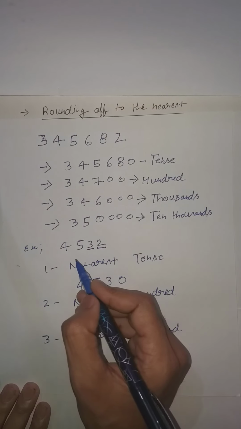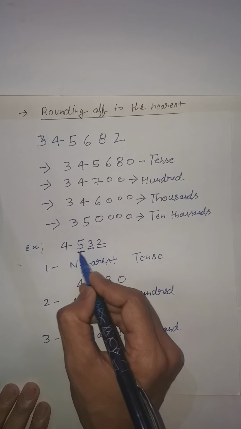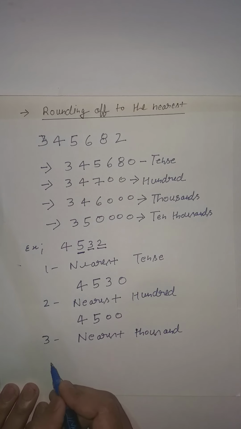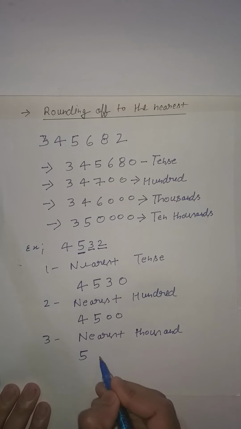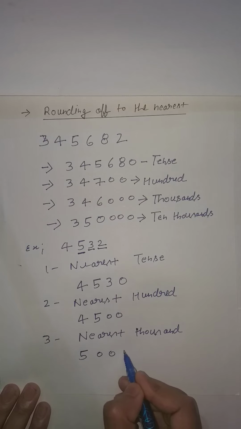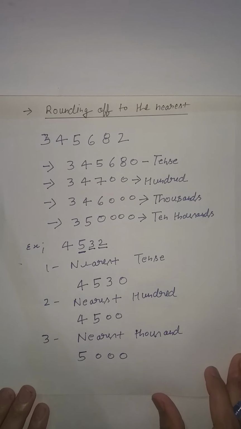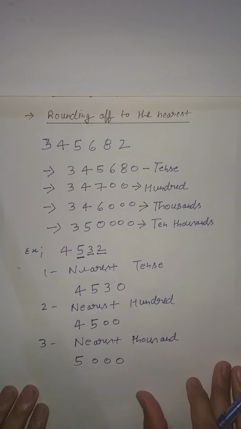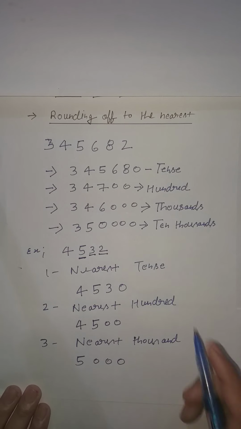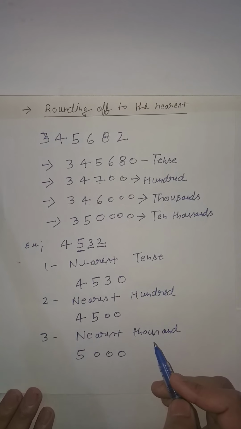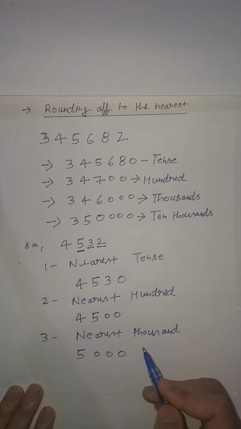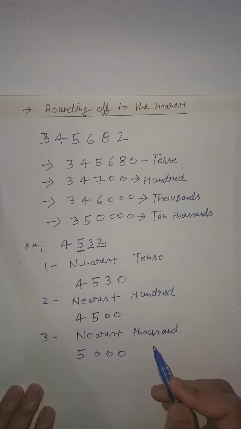Now on the 100 place there is 5. So what you will do, you will increase 4 by 1. This will become 5, 0, 0, 0. Now I think you all are clear about the basic concept of rounding off to the nearest tens, nearest hundred and nearest thousand. Also you will do the nearest 10,000. How? For nearest 10,000 you will see the thousands place. Clear to everyone?